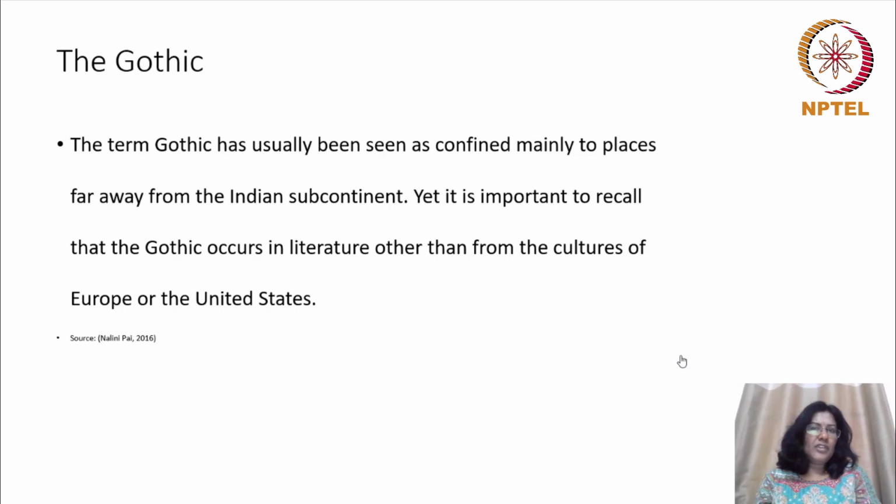The Gothic is not a genre which is confined to Great Britain. It's not just Shelley's Frankenstein or Radcliffe's works or any of those fiction which are going to be discussed in this course. The Gothic is also a subject, a type, a mood, which is used by other cultures to talk about their pasts and the complications of their present. So let's briefly see what those are.